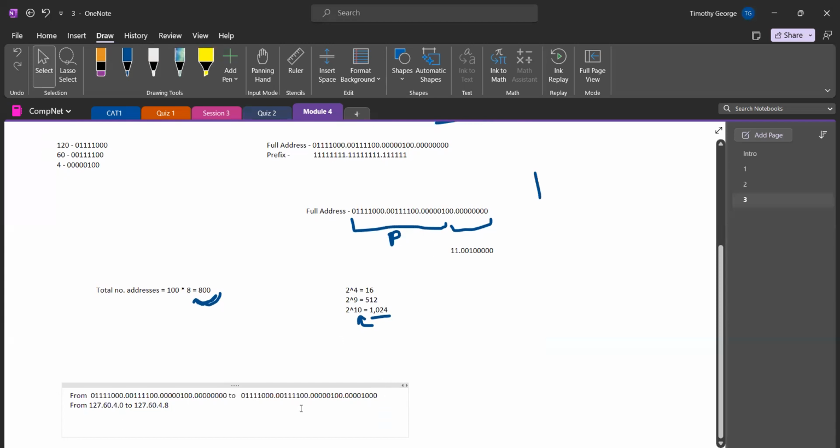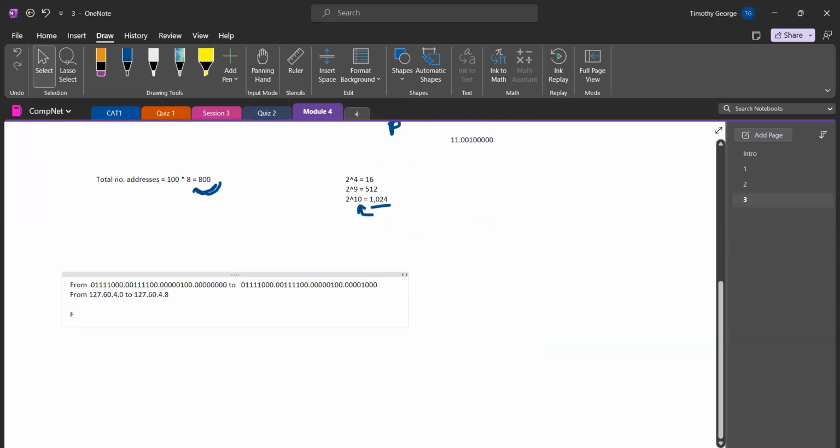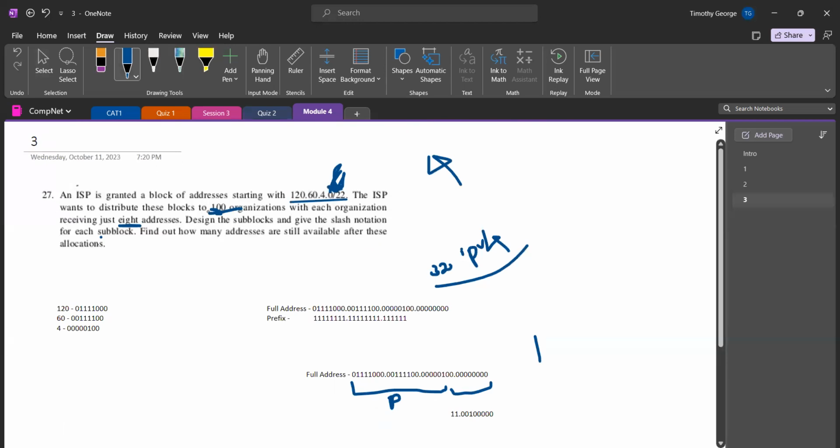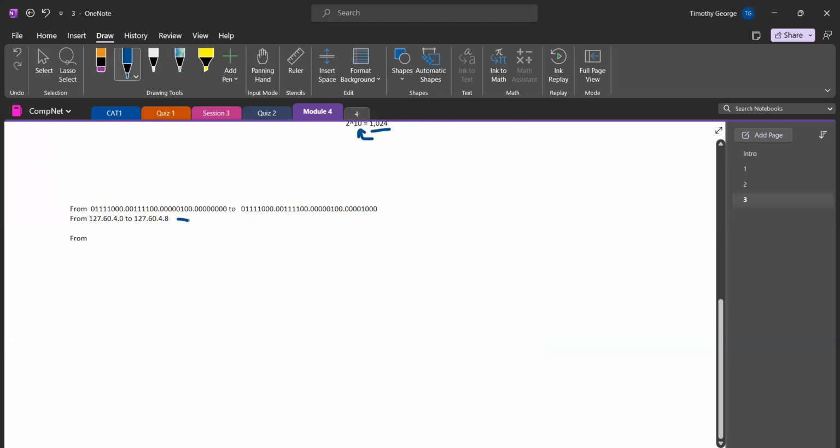Right? So the next one, we need the next 8 addresses. So this is one organization, I think. One block, one organization. So this is one block. So they need 8 addresses, and in that block, 8 addresses are.